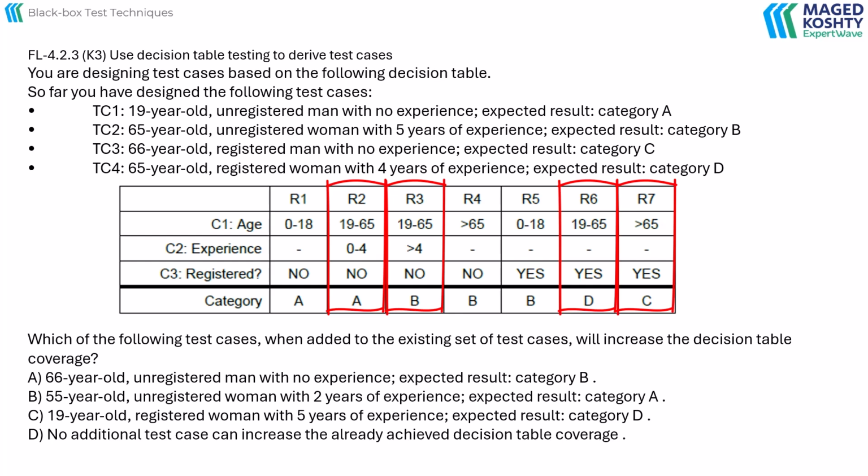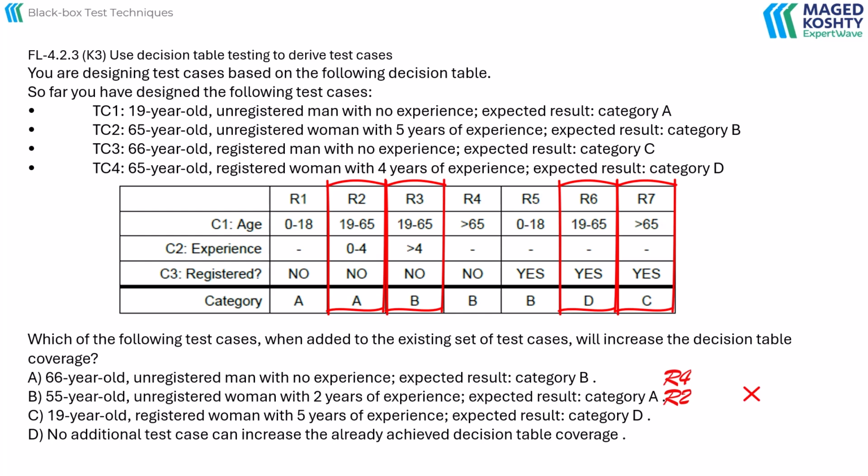Let's look at each option. A. 66-year-old unregistered man with no experience. This represents R4. So this should be our correct answer. Let's confirm this with the remaining options. B. 55-year-old unregistered woman with 2 years of experience. This represents R2. Not needed.